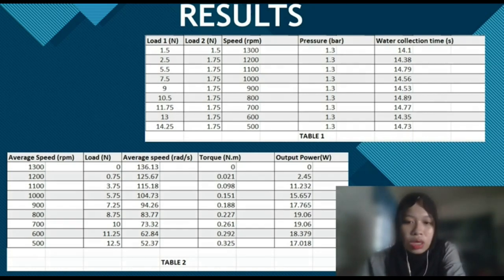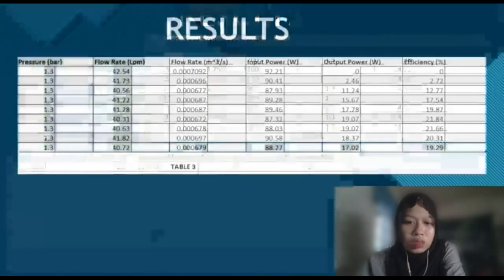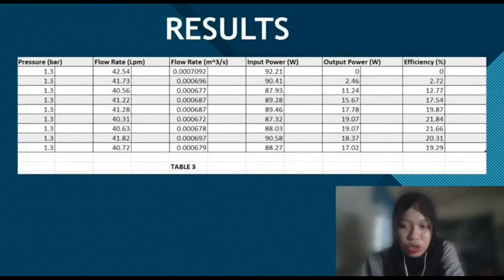For the result of Table 3, for pressure we use the same value, which is 1.3. For flow rate we start with 42.53 until the last one is 40.72.